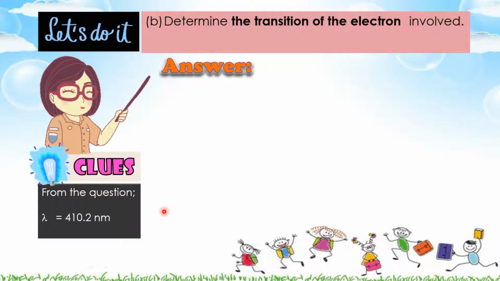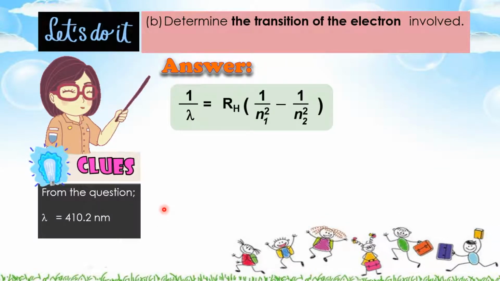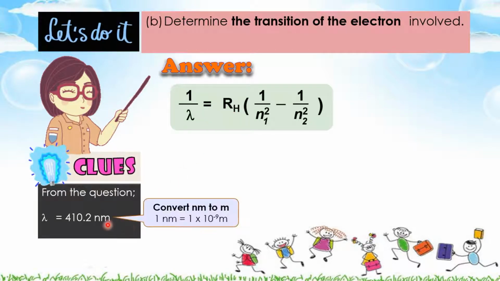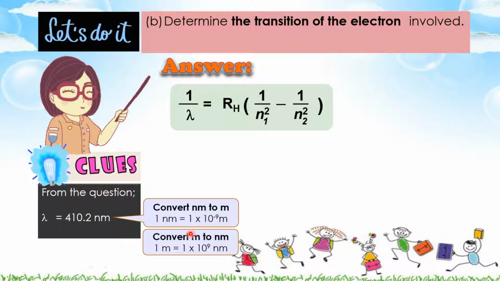For the next step, we can substitute all the values, but remember we have to convert the wavelength from nanometer to meter, since the unit of the Rydberg constant is per meter. To convert from nanometer to meter, just times 10 power of negative 9, whereas to convert from meter to nanometer, you times by 10 power of 9.